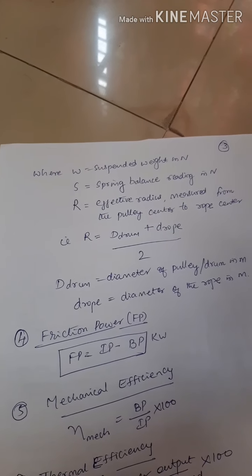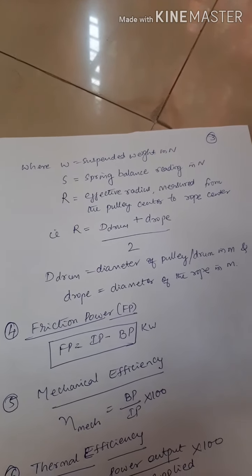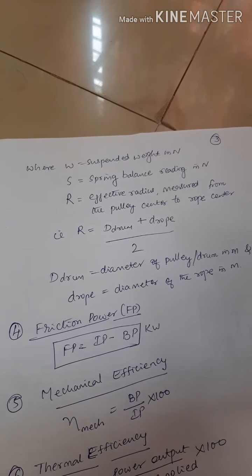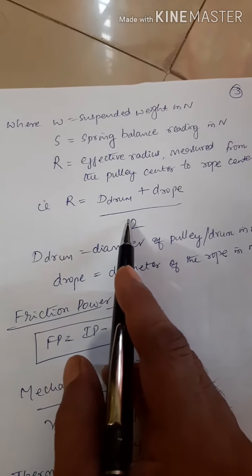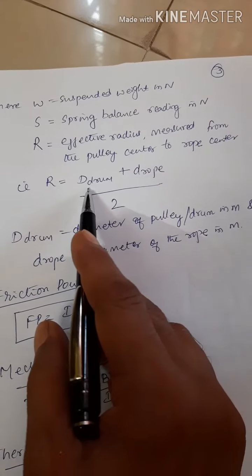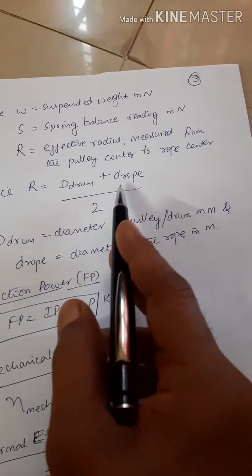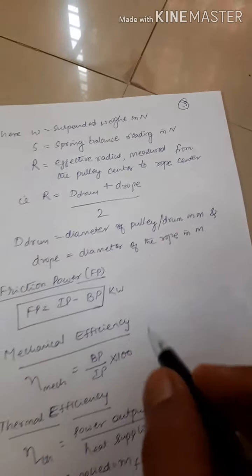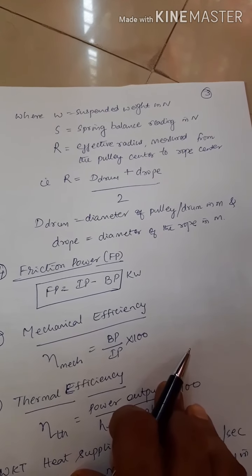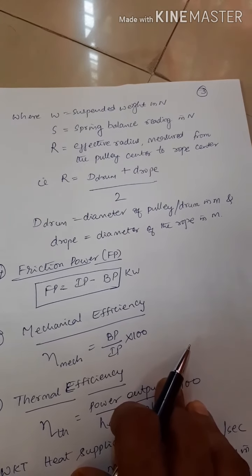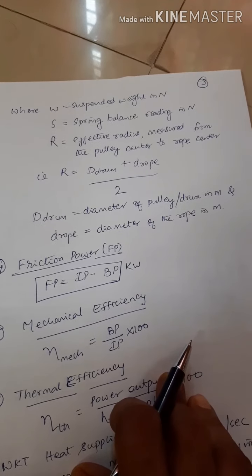R is the effective radius measured from the pulley center to the rope center. We can find R with this formula: the diameter of the drum plus the diameter of the rope, divided by 2, gives R. That is the effective radius, from the pulley center to the rope center.